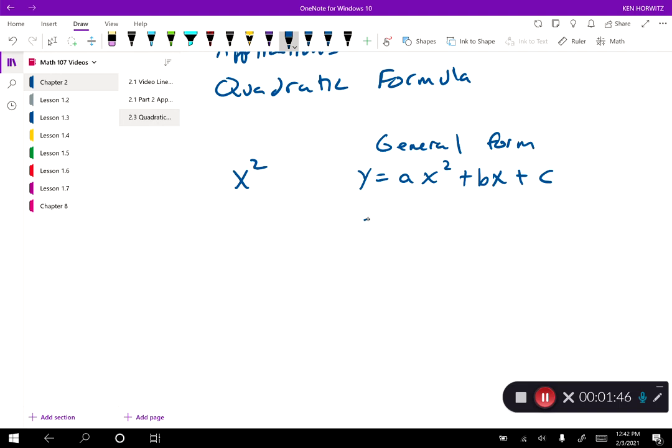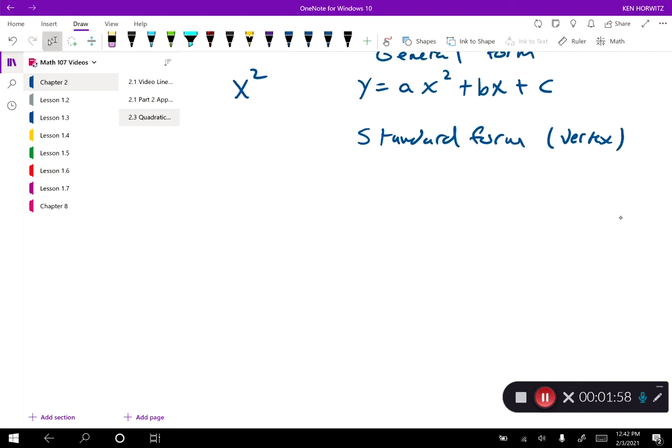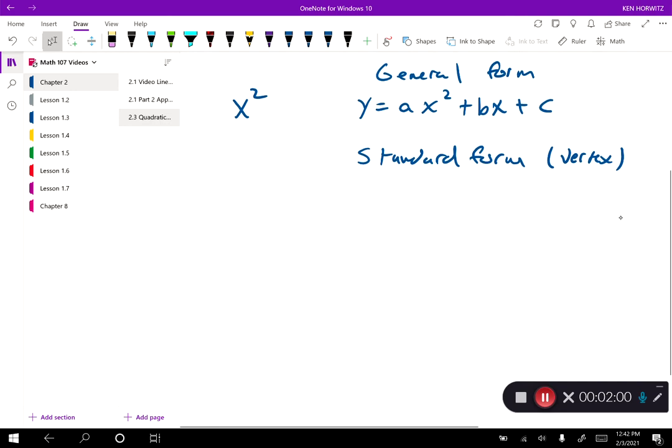And now we're going to show you standard form. This is also called vertex form, and I'll tell you why in a little bit. But that would be y equals a times x minus h, the whole thing squared, plus k.